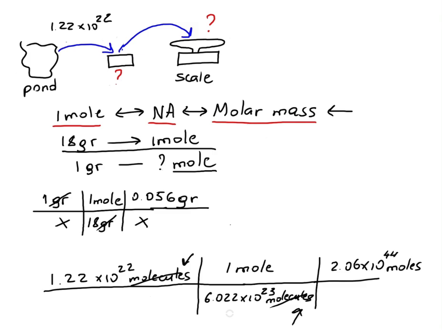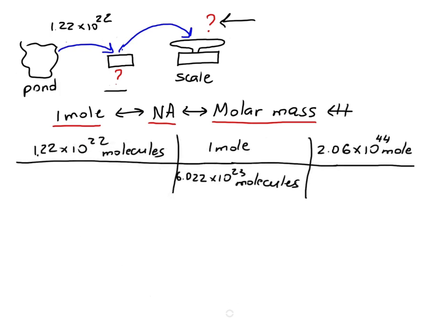Now let's take a look at how we can convert from moles to grams. Here we found our moles, and now we need to find how many grams that many moles, 2.06 times 10 to the 44, is going to be when we measure it on the scale. I wrote the equation on top so I have some space. Next, we go from this mole to gram, because remember we solved this.